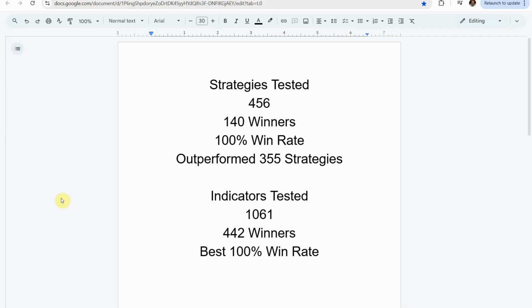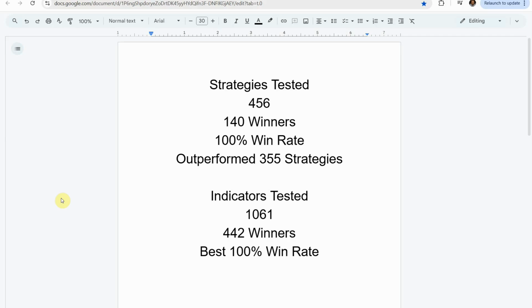Alright, as I said, today we will be testing a Forex scalping strategy. Before we do though, I wanted to put the testing scoreboard up for everyone to see. So to date, we have tested a total of 456 different strategies with 140 of them being winners. The best one so far was able to achieve a 100% win rate.